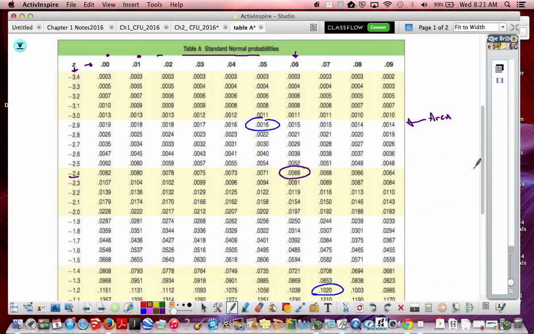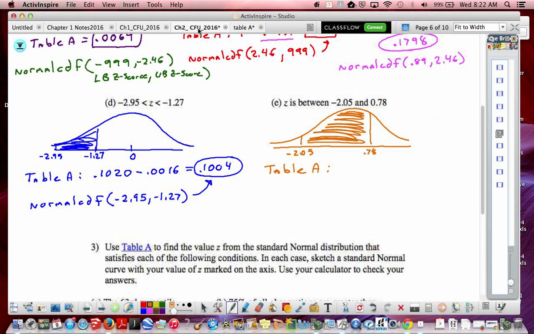Negative 2.05, 0.0202. Again, I'm going to be subtracting those two values. So as I note those here, 0.7823 minus 0.0202, I get 0.7621. Again, if I'm using my calculator, that'd be normal CDF, negative 2.05 to 0.78. I should get the exact same area.